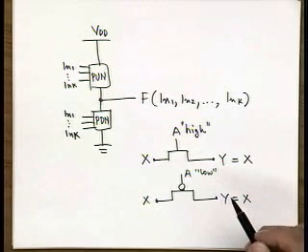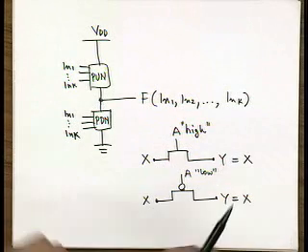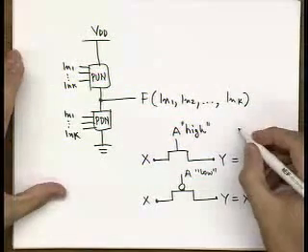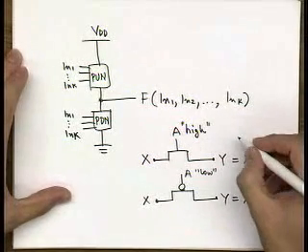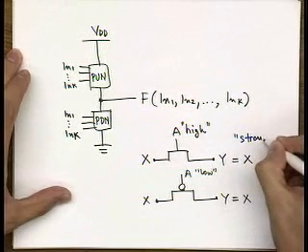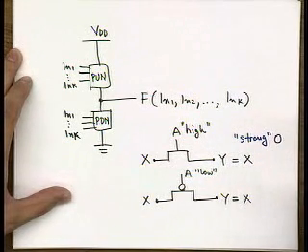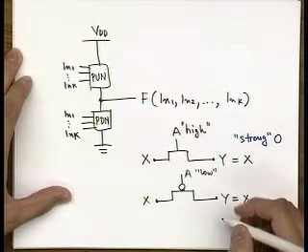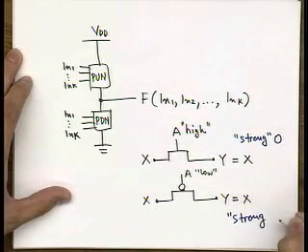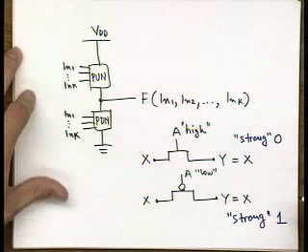Now, a couple of things that we also need to keep in mind. We need to refresh that NMOS conducts strong logic 0 and weak logic 1, and PMOS conducts strong logic 1 and weak logic 0.